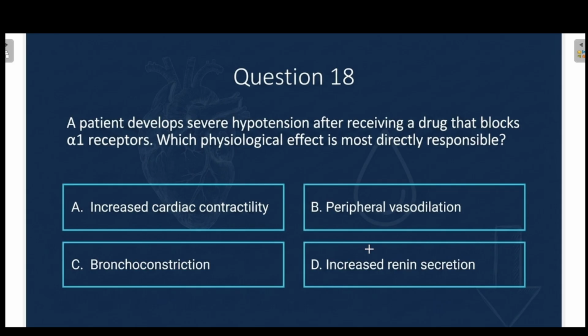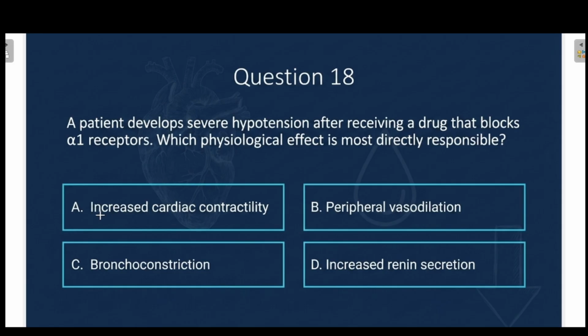Next question, question number 18. A patient develops severe hypotension after receiving a drug that blocks alpha 1 receptor. Which physiological effect is most directly responsible?